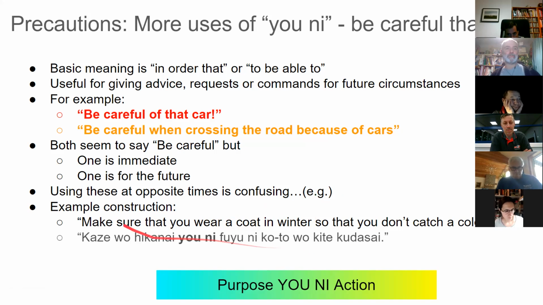So we'd have to use this. Kaze o hikanai yoni. So you can see this means to not catch a cold. Fuyu ni koto o kite kudasai. Kaze o hikanai yoni, fuyu ni koto o kite kudasai. So this especially has a feeling of something that's going to happen in the future rather than something that's happening right now.